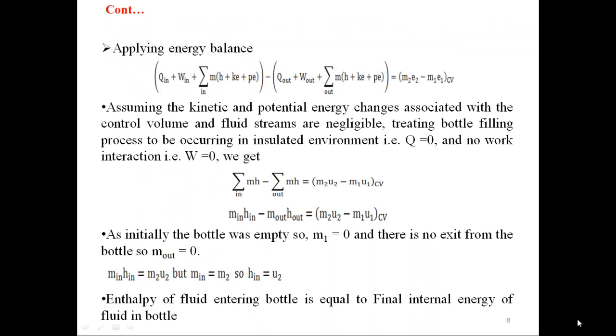Now we will apply the energy balance equation. This is the energy balance equation and again it is not in the form of rate. Assuming the kinetic and potential energy changes associated with the control volume and fluid streams are negligible and treating the bottle filling process to be occurring in an insulated environment, that is Q equal to 0 and no work interaction, W equal to 0.